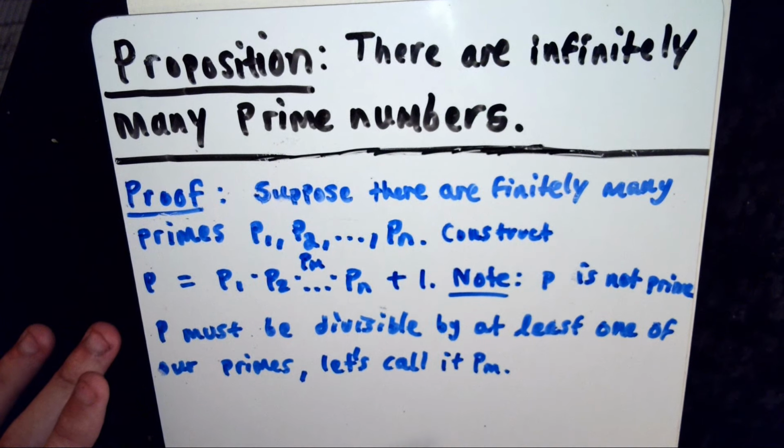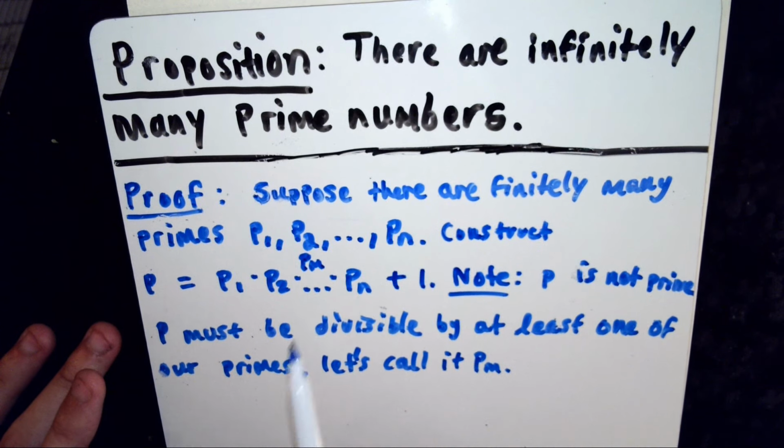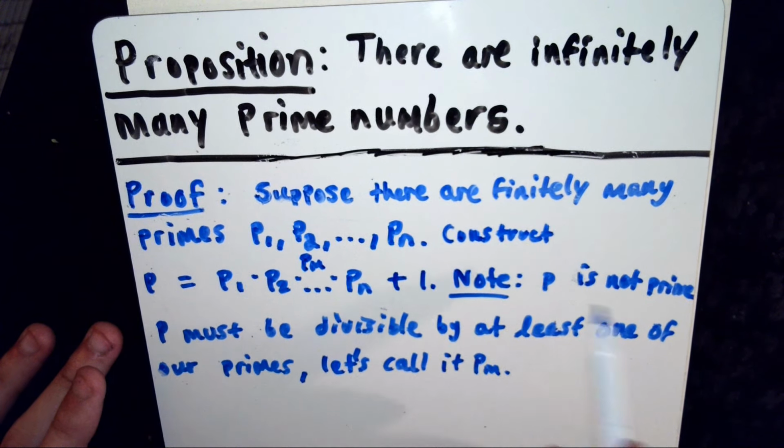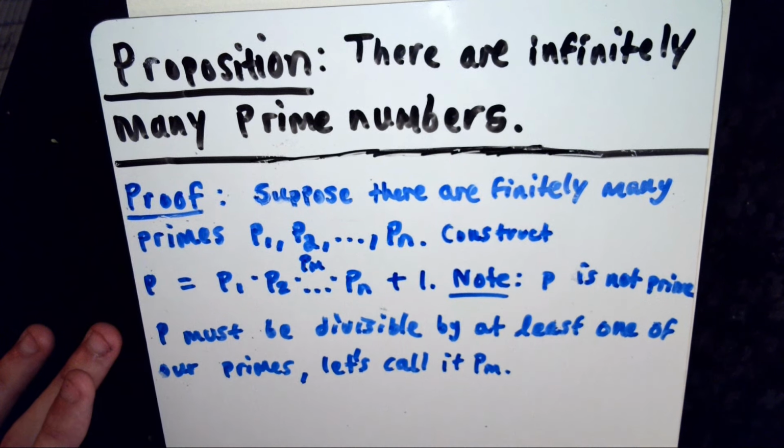And because this is the list of all the primes, P must be divisible by at least one of our primes. Because there are finitely many primes, this number P is not prime, and therefore P must be divisible by at least one of our primes, and we're going to call it P sub m.